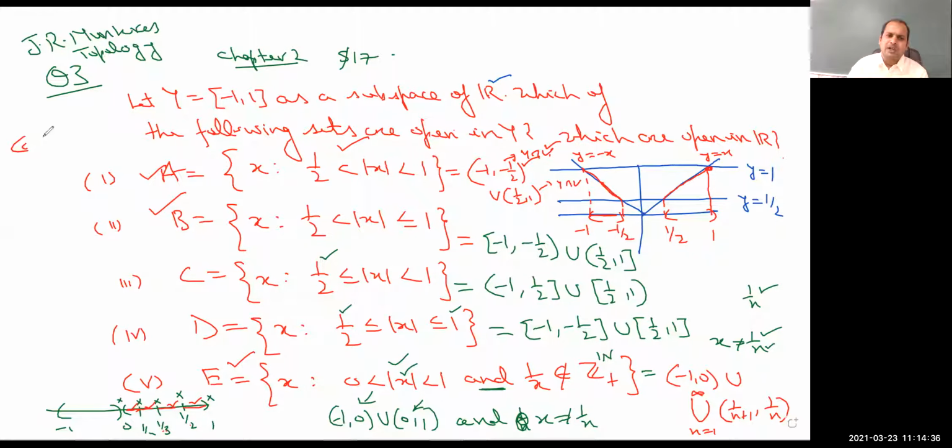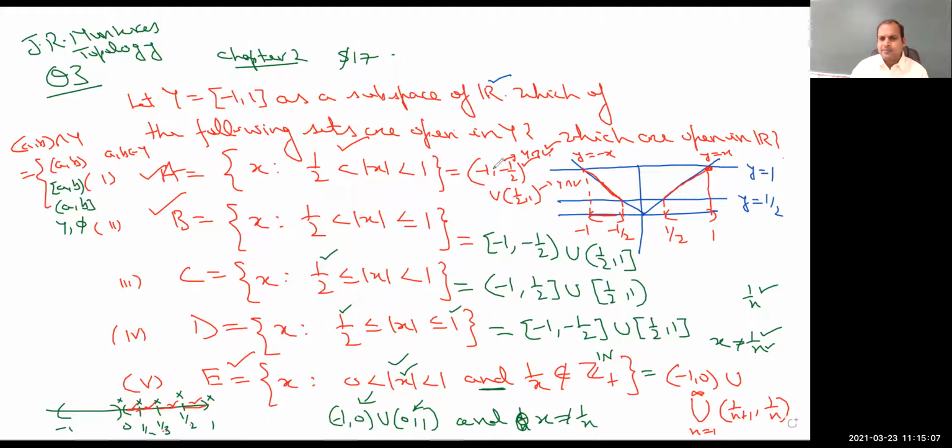Or you can recall that (a,b) intersection Y will be of the type either the open interval (a,b) if both a and b belong to Y, or it will be closed at a and open at b if only b belongs to Y, and open at a and closed at b if only a belongs to Y, or phi if neither a nor b is in Y. So whenever (a,b) is in Y, we always have a collection of all those open intervals.